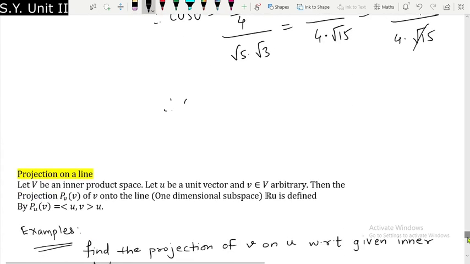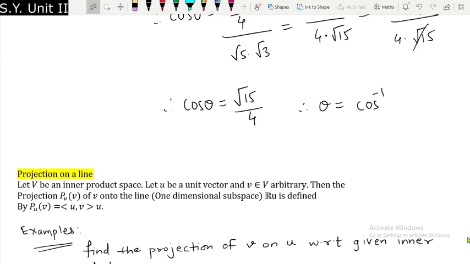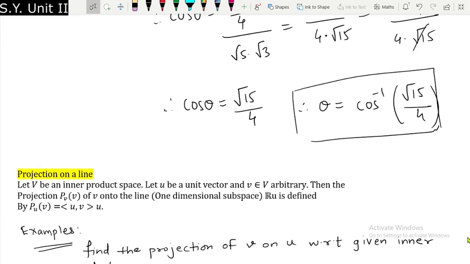Therefore your theta is cos inverse of that, because we don't know any standard value of theta in this case. So simply write it down like this, and that is nothing but our angle between the given vectors f and g.